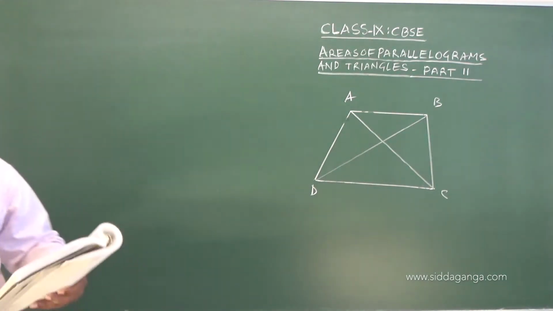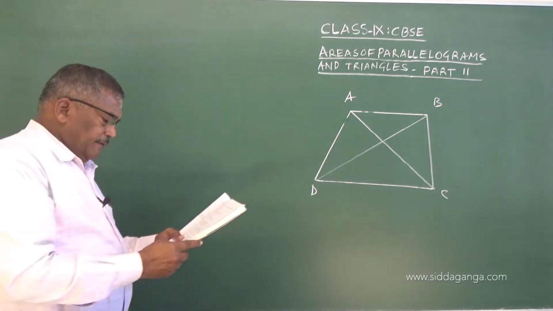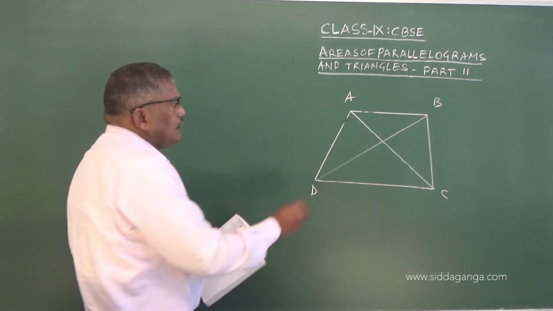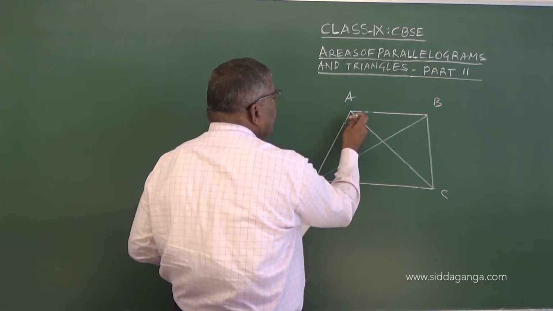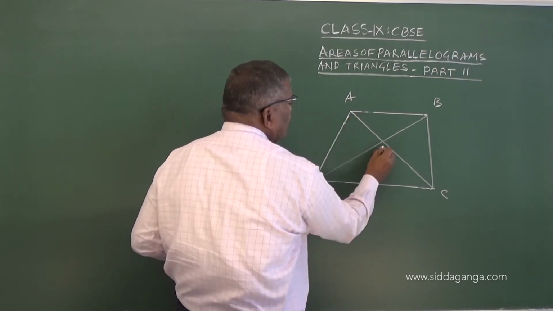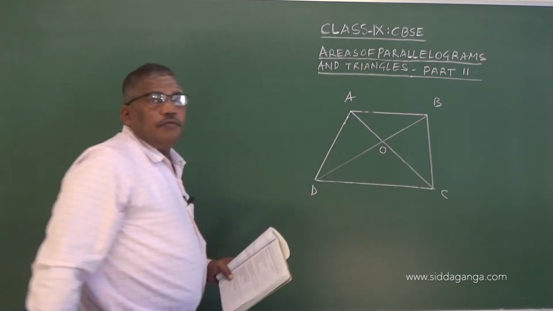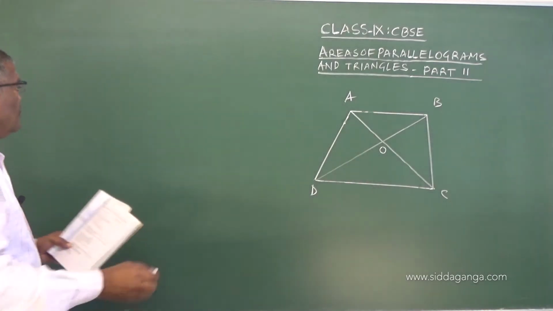The question says the diagonals are intersecting at O. This is point O. This is the diagram given.